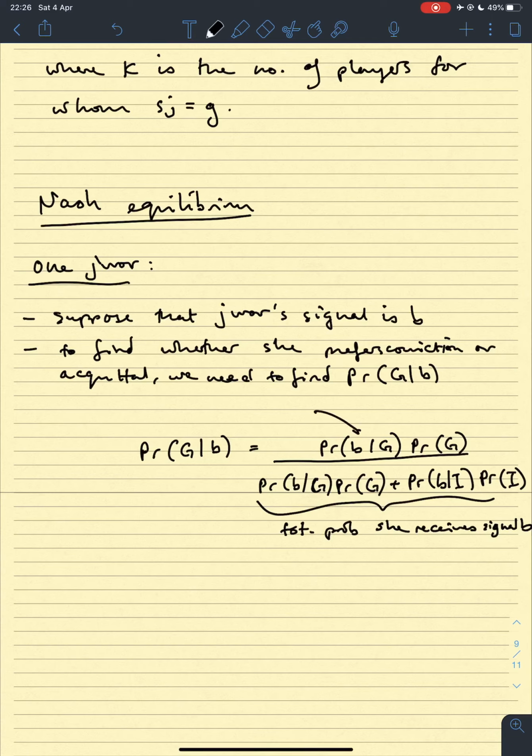And this is the probability the juror receives signal B given the defendant is guilty. And this is the probability that the defendant is actually guilty.